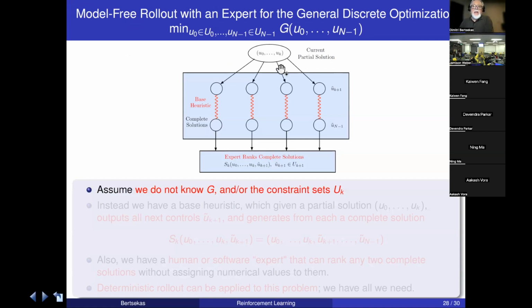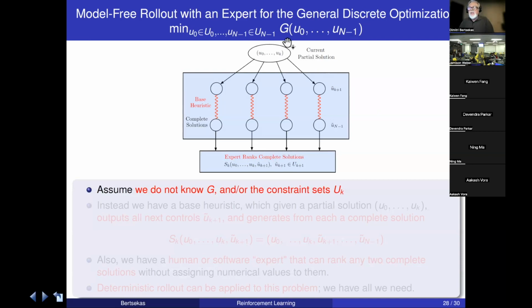So let's consider this problem here, the general discrete optimization problem, involving a cost function that depends on this vector of components, u0 up to un minus 1. And each component is separately constrained.